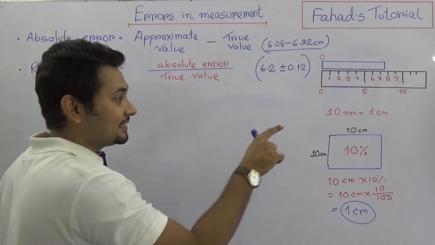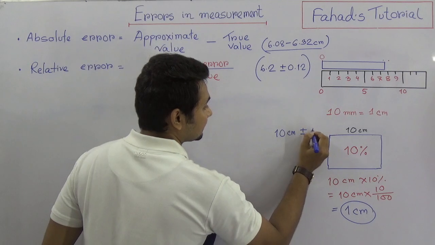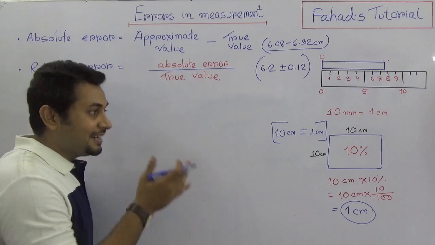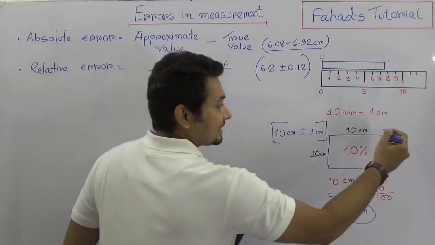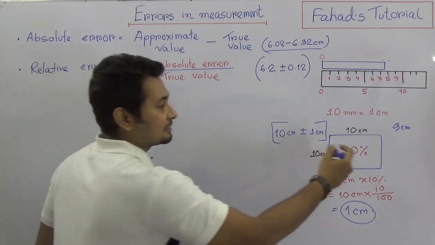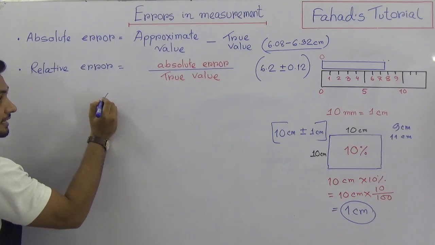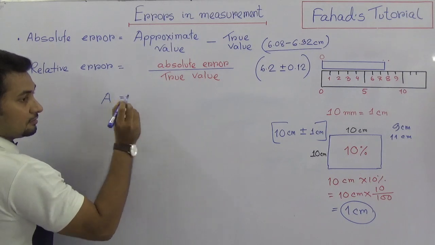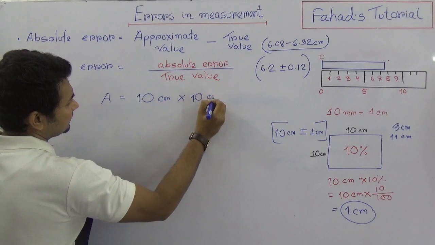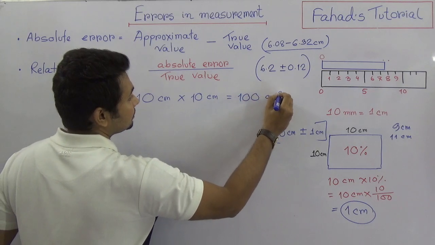So the length can be 10 centimeter plus minus 1 centimeter. Either both side lengths can be 9 centimeter or 11 centimeter. The area of that substance, with 10 centimeter times 10 centimeter, should be 100 centimeter square.